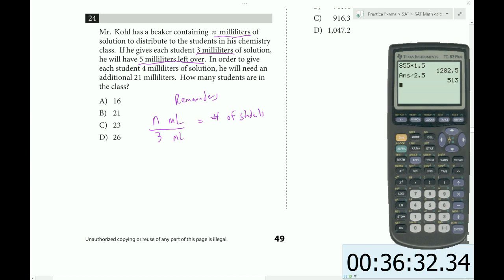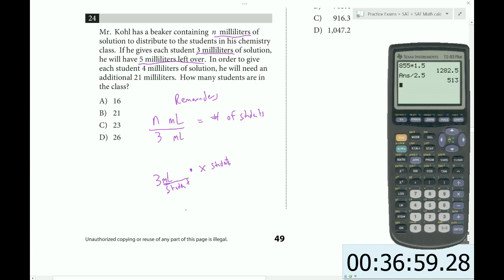And it turns out he has 5 milliliters left over. So you know what I could do, there's 3 milliliters per student. I could multiply that by the number of students. So let's call it x students.